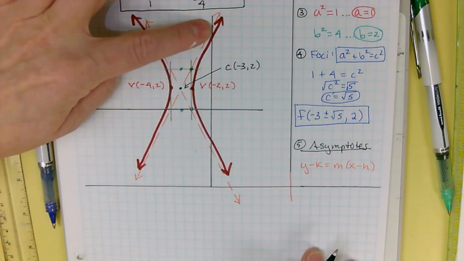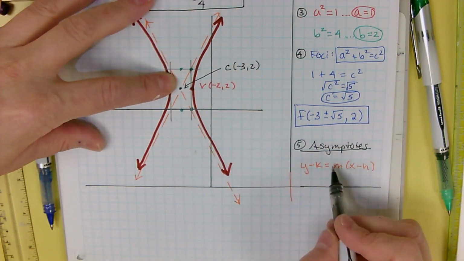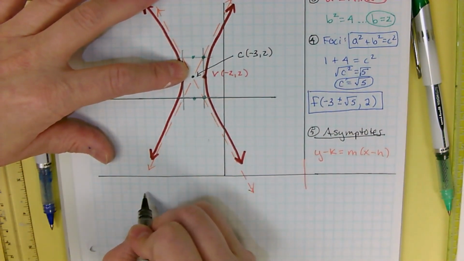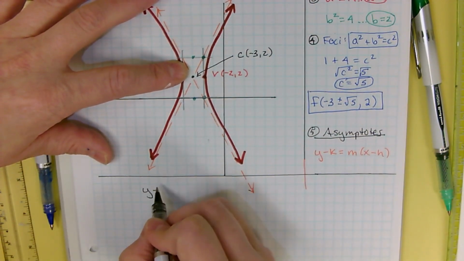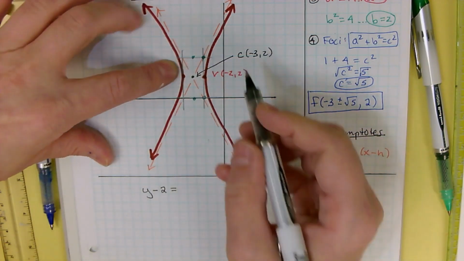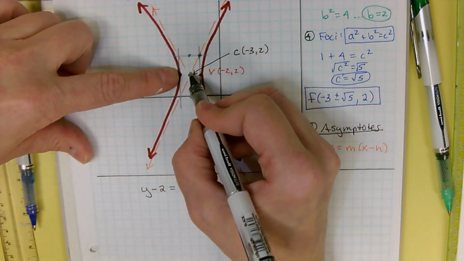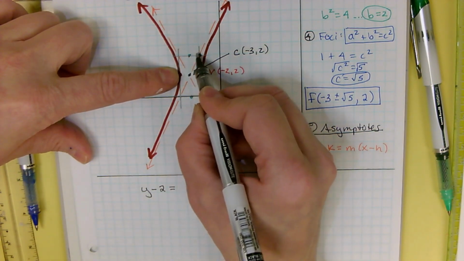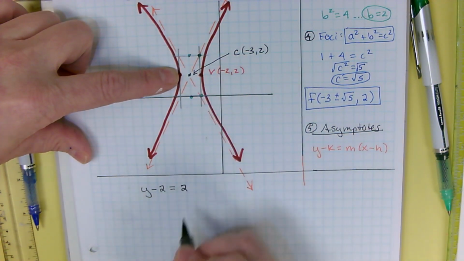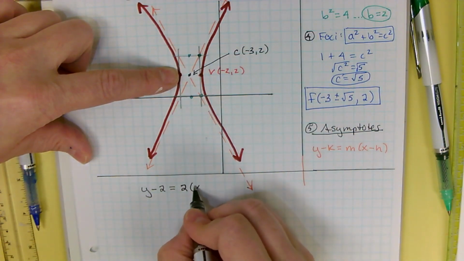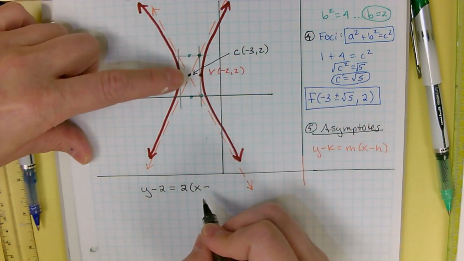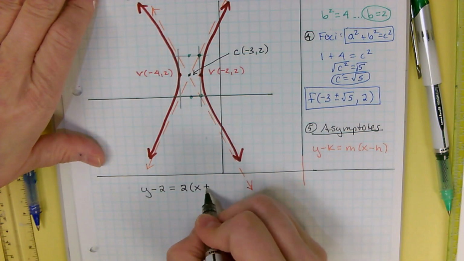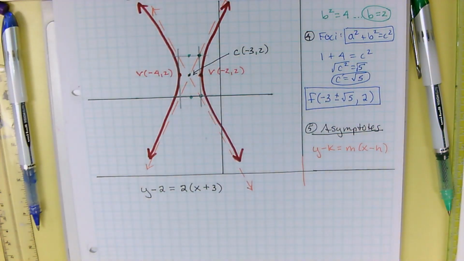All right, so I'm going to pick the positive one first. So my k is 2. So y minus 2 equals, okay, from the center to the corner, we go rise over run, up 2 over 1. So the slope is 2 because it's 2 over 1 times x minus h, which is minus a negative 3, so x plus 3.